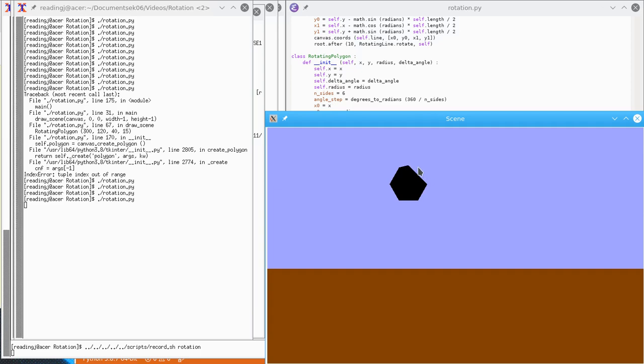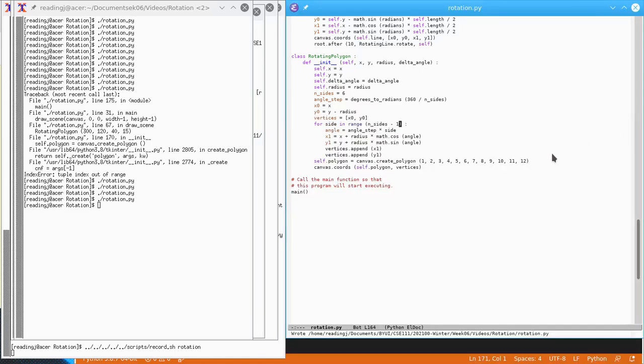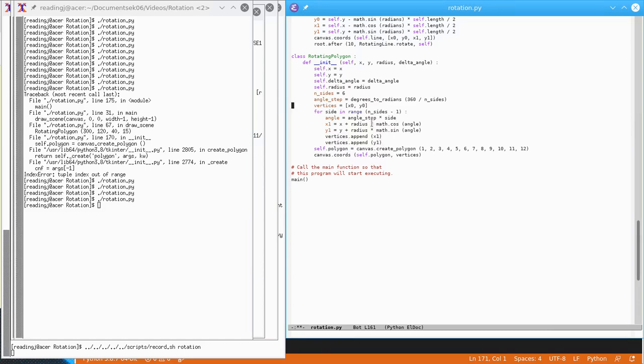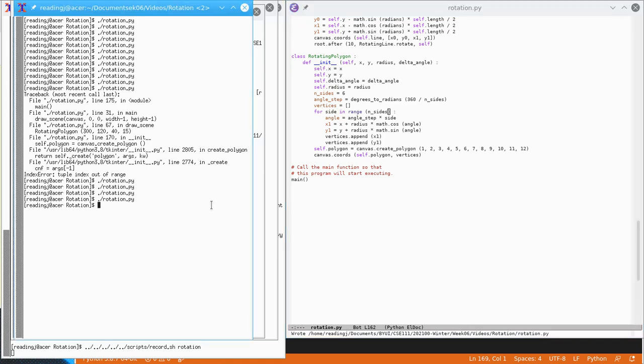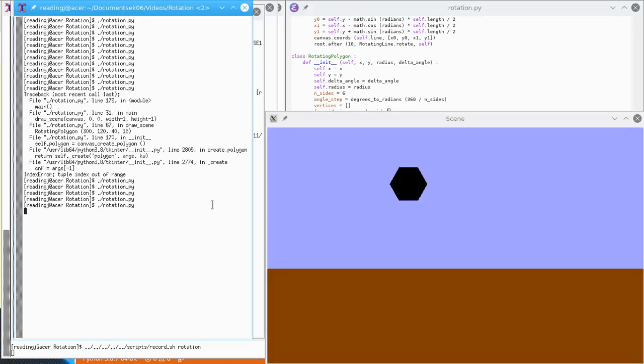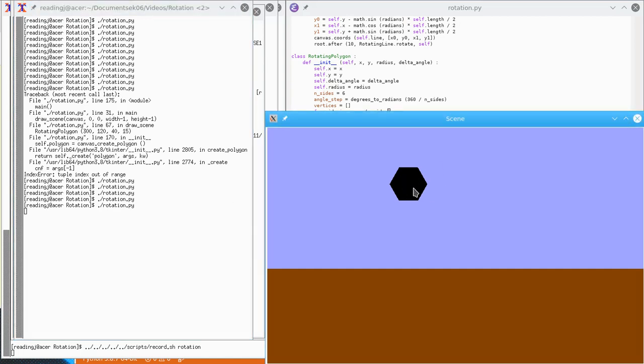It should have been over here. Okay, so I really don't want x0, y0 at all. I want an empty list, and I want to do all the sides. So instead of me calculating the first vertex, I should have let it calculate all of them. And let's see what happens now. There we go. That looks like a regular hexagon.